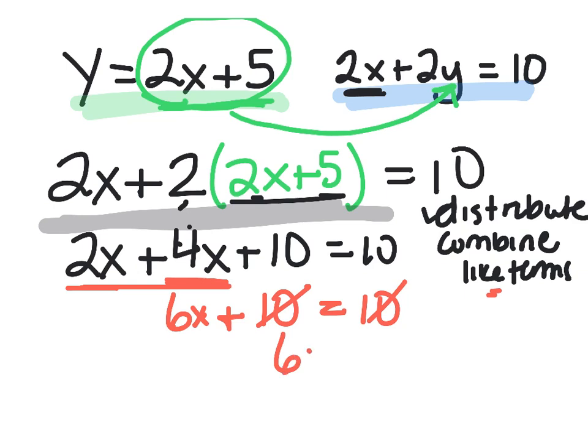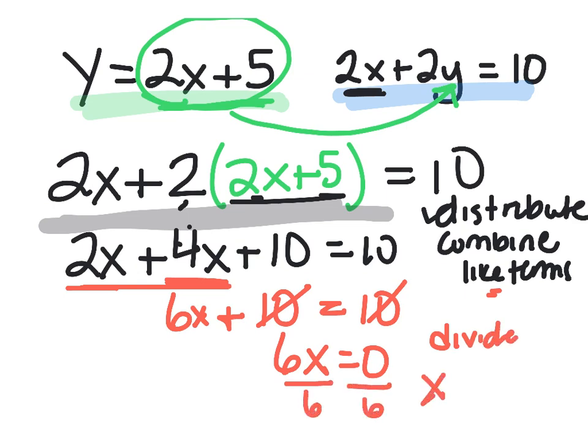So now I have 6x equals 0. And 6x equals 0, then you can either tell that x has to equal 0, because that's the only way you multiply 6 by something, you'll get 0, or you divide it. So you're like, okay, it's a multiplication problem, I'm going to divide by 6. And I find out that x is going to be 0 divided by 6, which is 0, right?